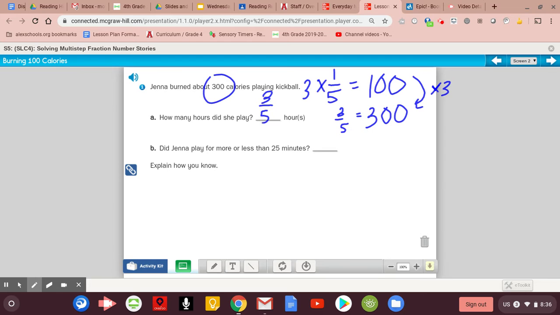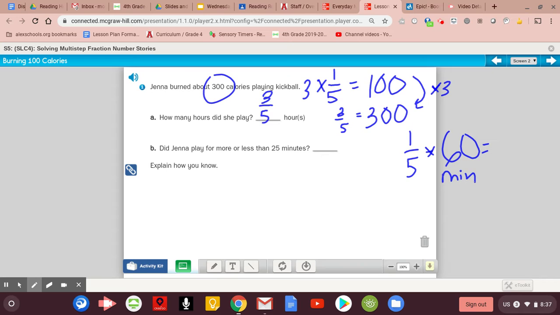Our next question says, did Jenna play for more or less than 25 minutes? So we need to take our 3/5 and multiply that into minutes. I'm going to start with our 1/5 and see how many minutes of an hour 1/5 is. So I'm going to take 1/5 times 60 because there is 60 minutes in an hour.